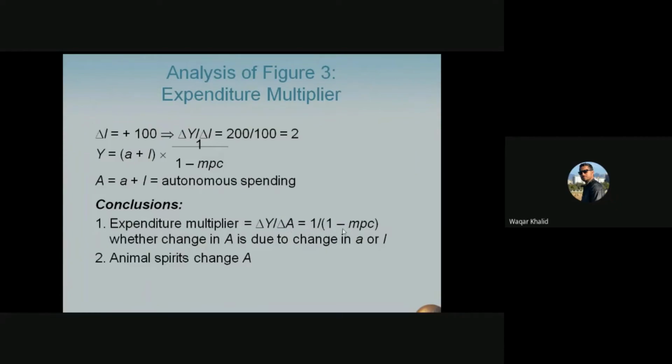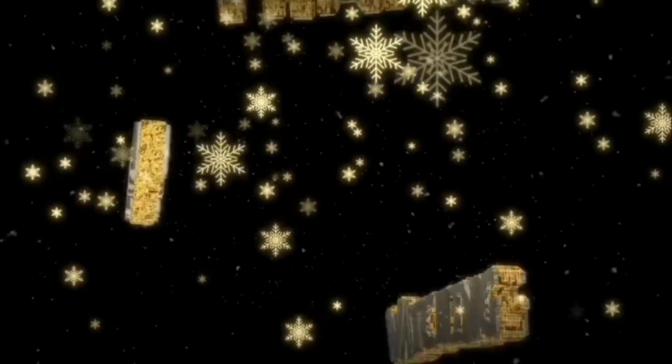So simply this is the formula for calculating the expenditure multiplier, whether the change in A is due to a change in A, meaning autonomous spending, or I, meaning investment expenditures. So this is the basic concept of the expenditure multiplier.